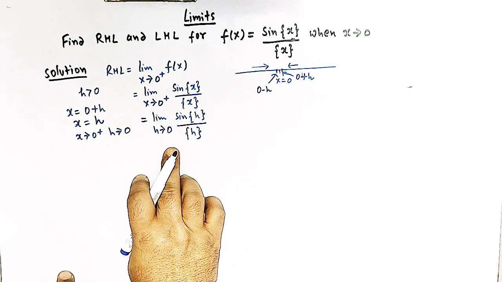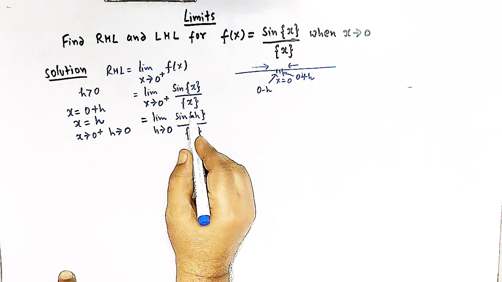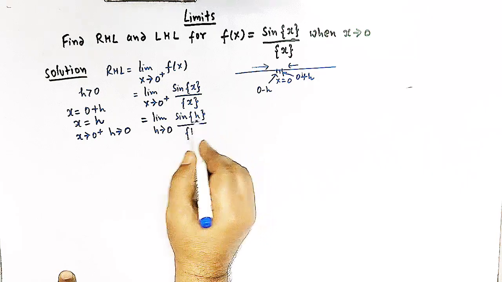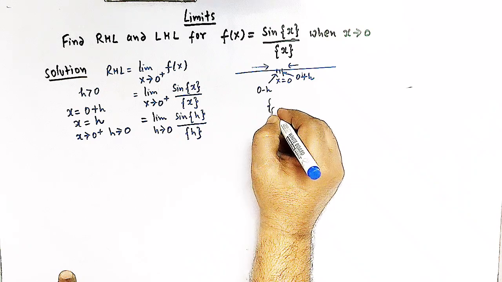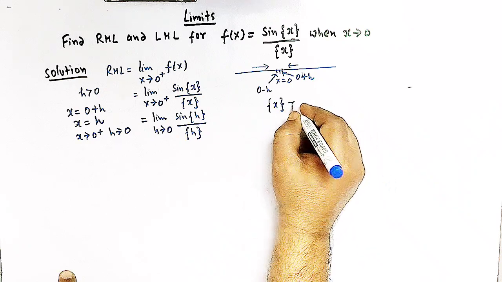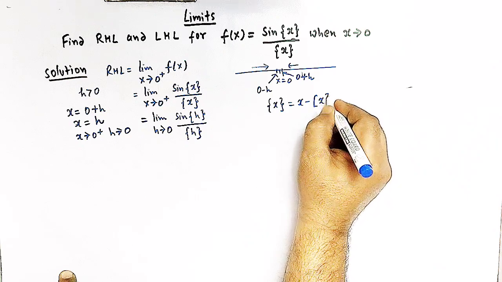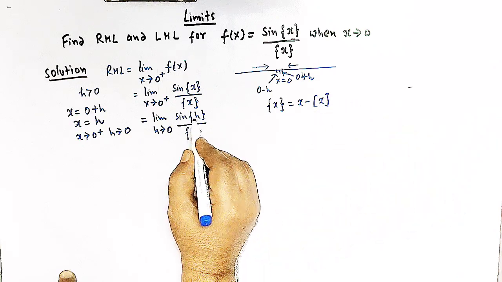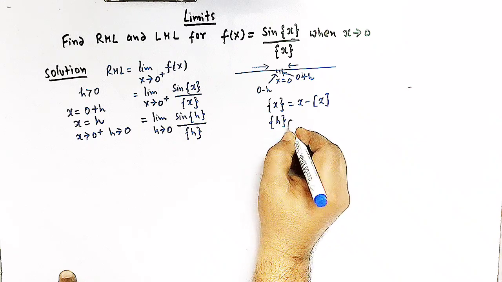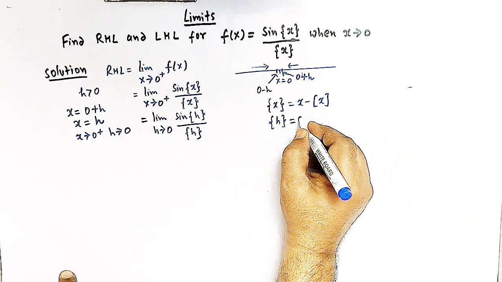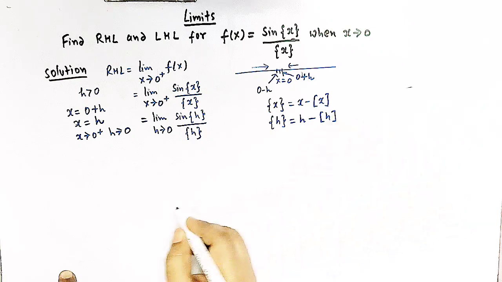To proceed further, we first have to simplify this fractional part function. The definition of the fractional part function is fractional part of x = x - greatest integer of x, so fractional part of h can be written as h - greatest integer of h.